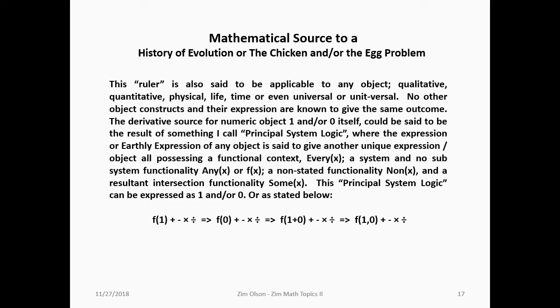This principal system logic can be expressed as 1 and/or 0, or as stated below, where any object, partial or otherwise, expression would give this. All the components would be said to be functionally equivalent for partial or complete system expressions for these numeric objects.